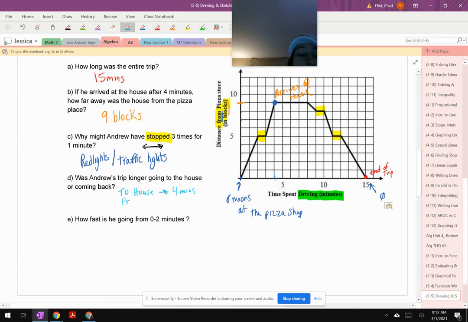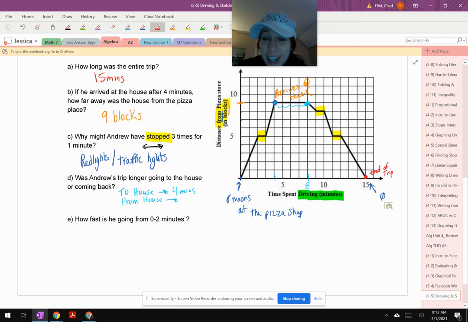And from house, so now notice, we aren't going to start counting here because he hasn't left yet. This part right here is him staying at the house. So he doesn't leave that house to return home until this minute, which is 6, 7, 8. So he leaves at the 8th minute.